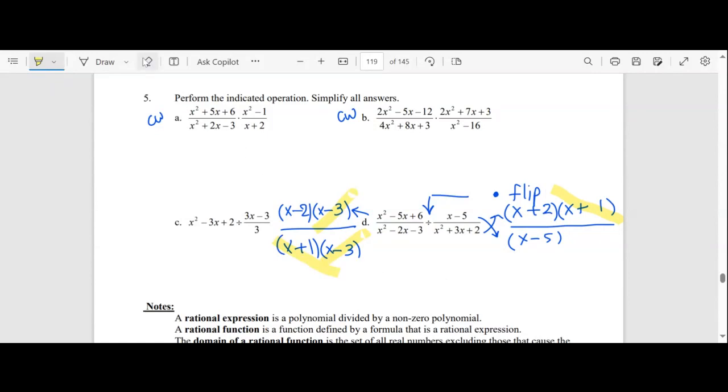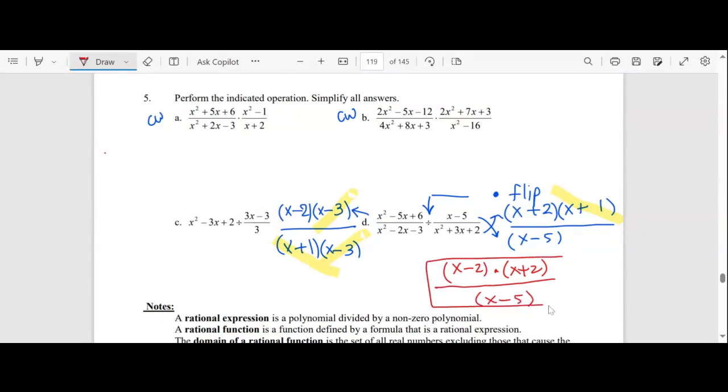So what's your final answer? x minus 2 times x plus 2 over x minus 5. That's your final answer. Anything else to cancel? Nothing else. I will leave 5A, B, and C for you to do for classwork. So do it now.